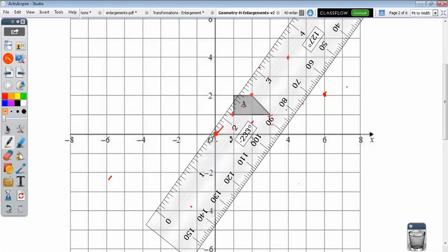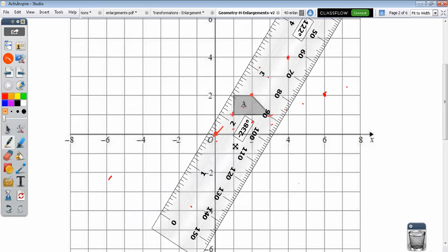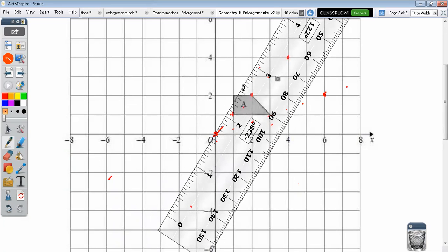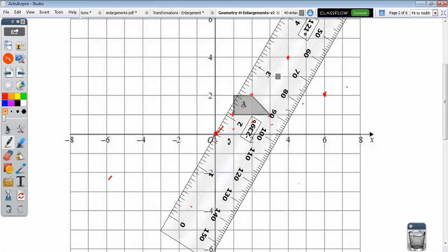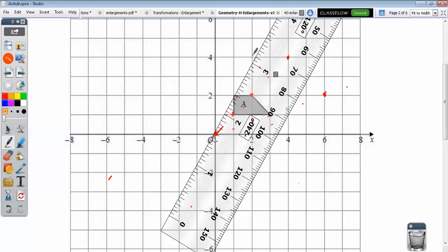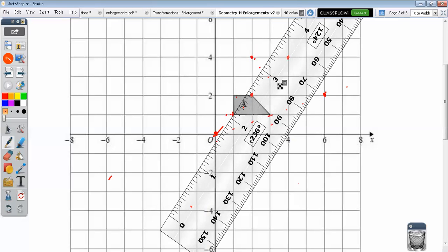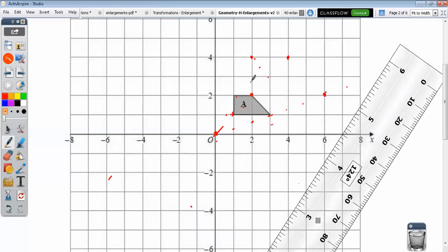Okay, I missed it slightly, but I'm sure you get the idea. 1, 2, that's what I meant. Because there are 2 boxes, and remember the enlargement scale factor is 2, times 2, this point comes here, because my ruler is not straight. Makes sense? Now look at our shape here. It's now a big shape.